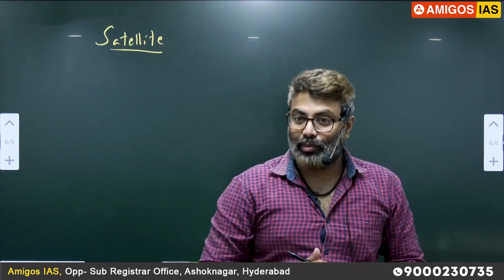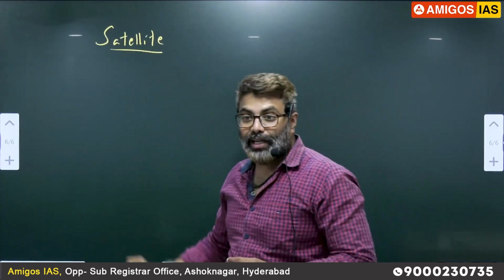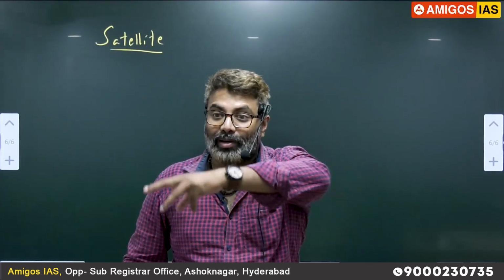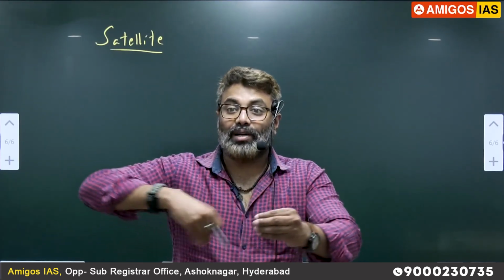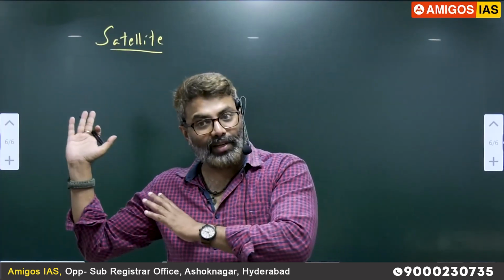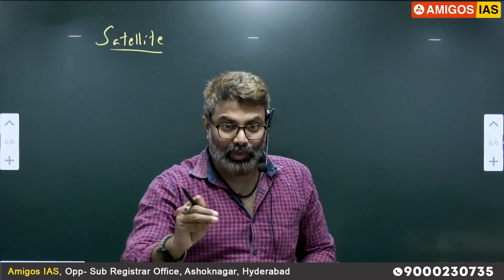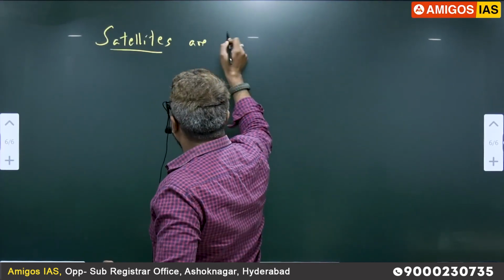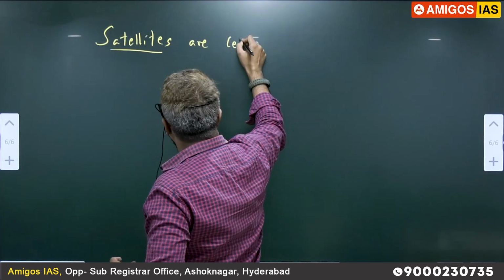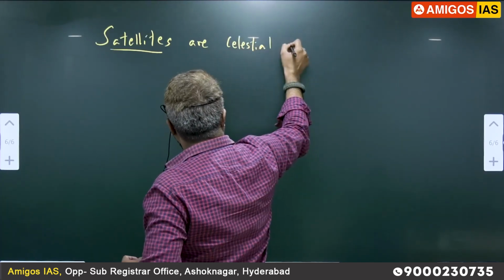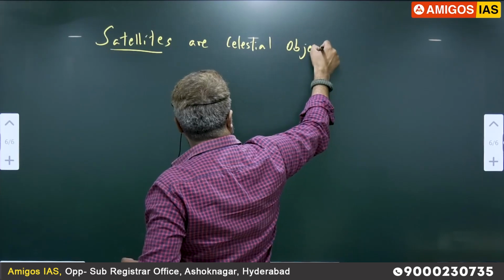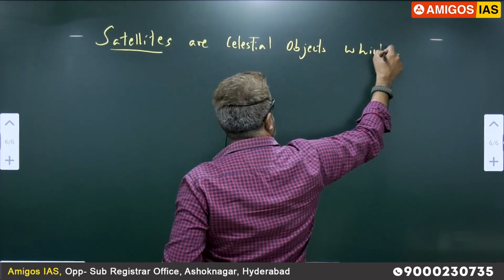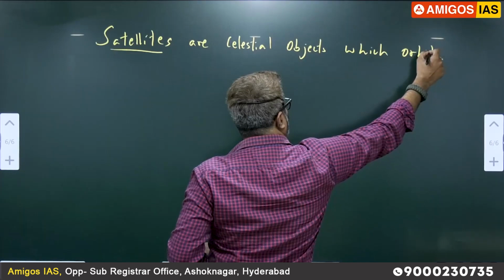In your Oxford dictionary, if you check the meaning of satellite, they have given that a satellite is any person who is always orbiting another person. It's basically a wanderer around other celestial objects. So technically, we can say satellites are celestial objects which orbit a planet. Please write, satellites are celestial objects which orbit a planet.